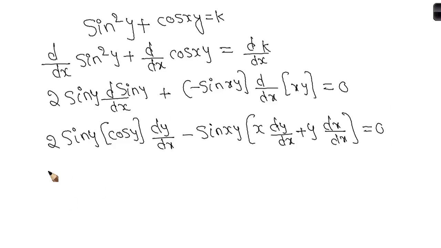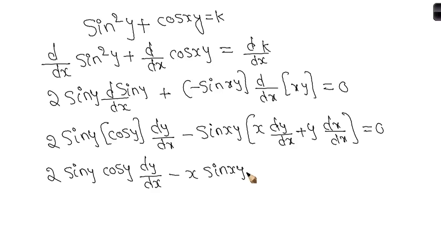So if I simplify this, I get 2 sin y cos y. 2 sin y cos y can be written as sin 2y, which you have learnt in trigonometry classes, minus x times sin xy into dy by dx minus y times sin xy is equal to 0.